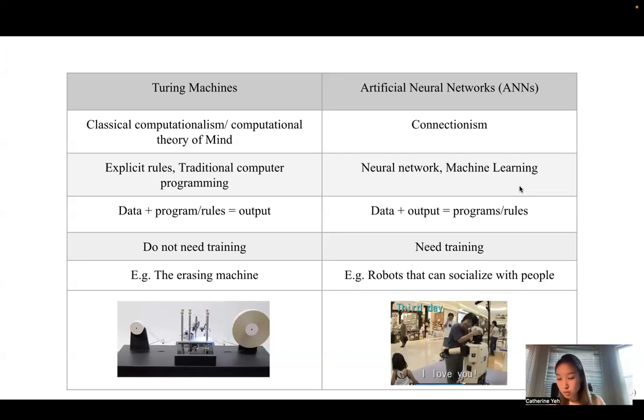For example, robots that can socialize with people can perform a lot of multitasks. It is because they have consumed a huge database of how humans react with others and how they show facial expressions.